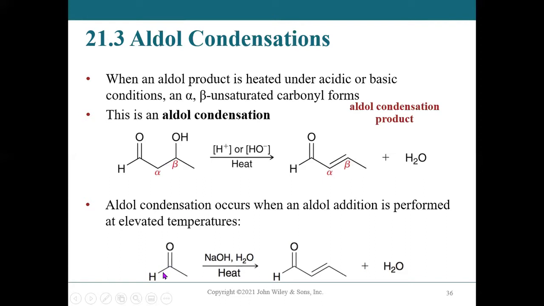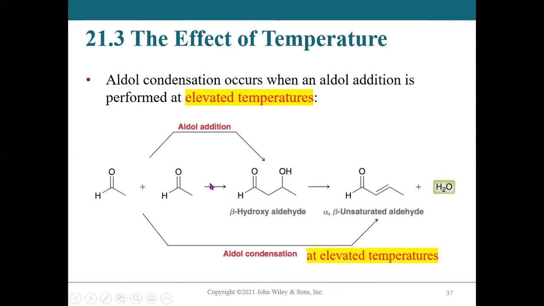Again, we can start with acetaldehyde on the basic condition. Now notice here the condition is also heat. Then we can see the aldol condensation product, which is an alpha beta unsaturated carbonyl. Aldol condensation occurs when aldol addition is performed at elevated temperature as compared.